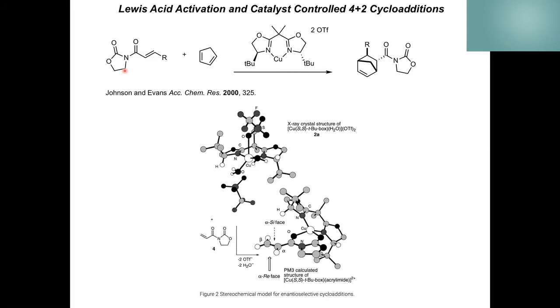But I really appreciate and admire this chemistry because in this particular case, this was a breakthrough: this auxiliary, which had been used in all of the aldol chemistry, no longer has to serve as the chiral control element, and here it is really there to help lock the configuration of the dienophile in these 4+2s.